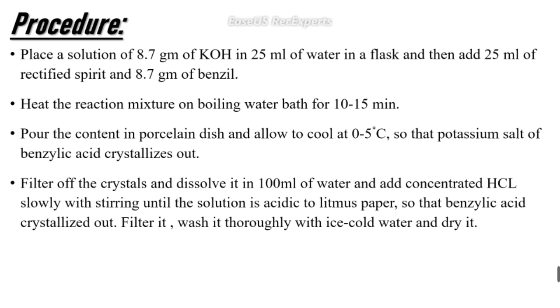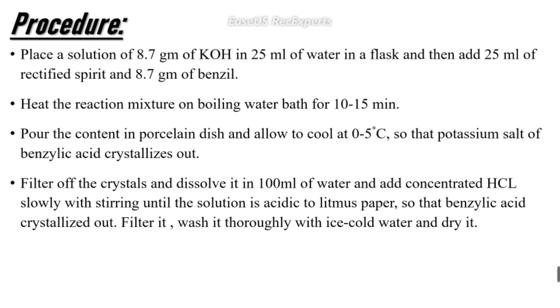Finally, we have to filter off the crystals and dissolve them in 100 ml of water. Then we have to slowly add the concentrated HCl drop by drop with continuous stirring until the solution is acidic to the litmus paper. The benzilic acid crystallizes out; filter it, wash it thoroughly with ice cold water, and dry.